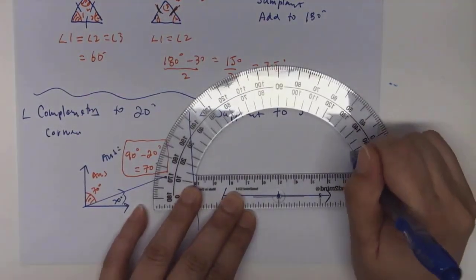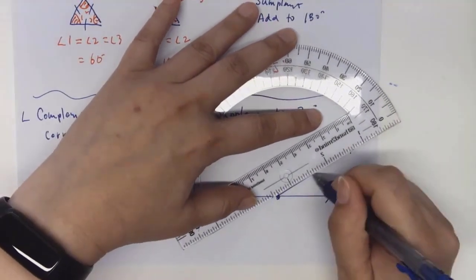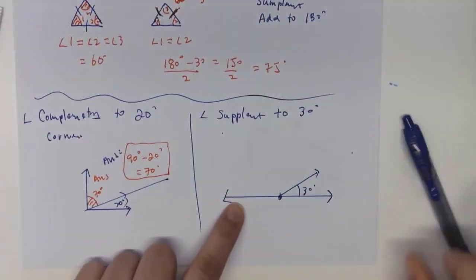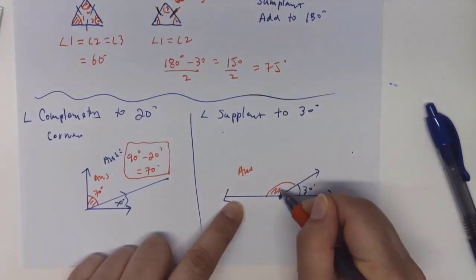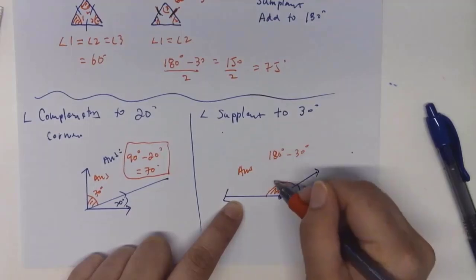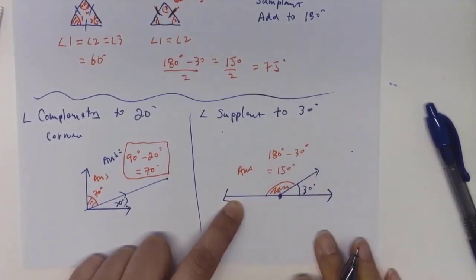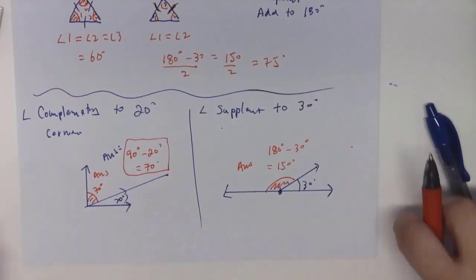Get your 30 degrees. 30 degrees should be an acute angle. So try to measure that. This is your 30 degree angle. So the other side is going to be what? Your answer is 150 because you're using 180 degrees subtract 30 degrees equal to 150 degrees. So you're going to draw your answer like that. Are we okay? And those are the steps I'm looking for.